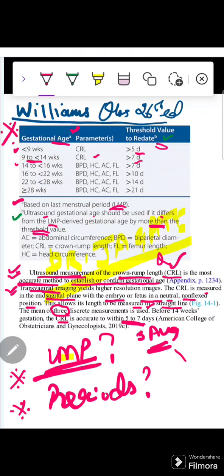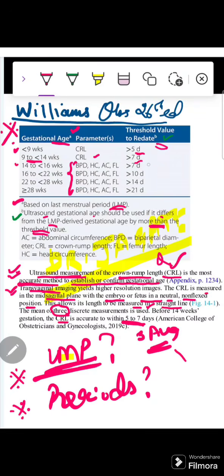Similarly, when it comes to 14 to 16 weeks, from then onwards you are going to use the other fetal biometry, that is the BPD, HC, AC, FL, that stands for biparietal diameter, head circumference, abdominal circumference, and femur length. The average of this is calculated by the software which is inbuilt in the ultrasound system, and it gives you an average gestational age.